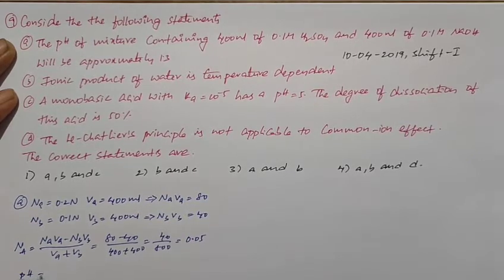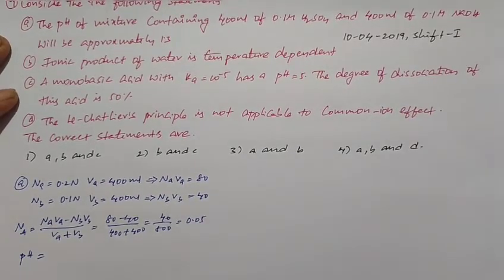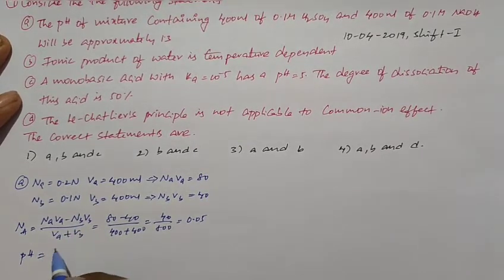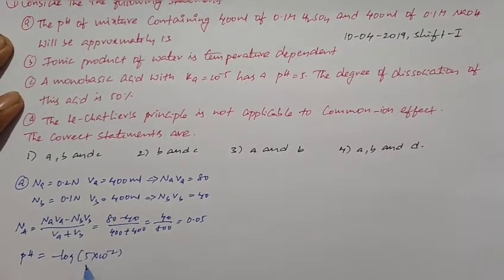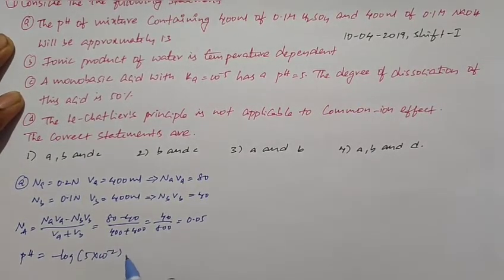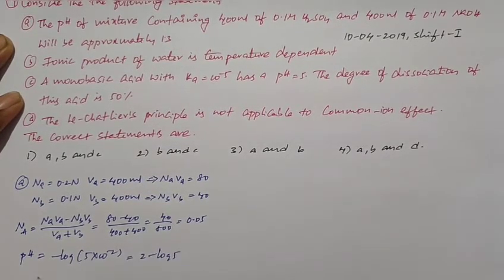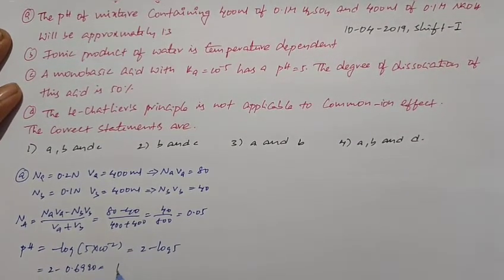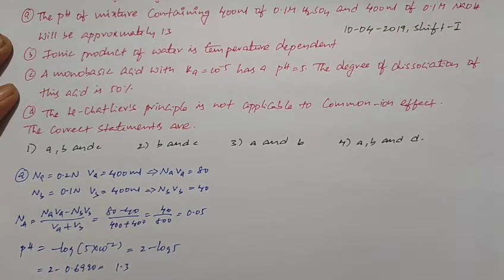Then pH is equal to minus log of 5 into 10^-2, since 0.05 is written as 5 into 10^-2. Then we get 2 minus log 5. The log 5 value is 0.6990, taken as 0.7. You get pH equal to 1.3. So statement A is right.